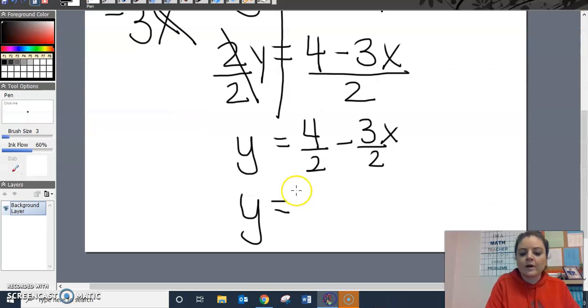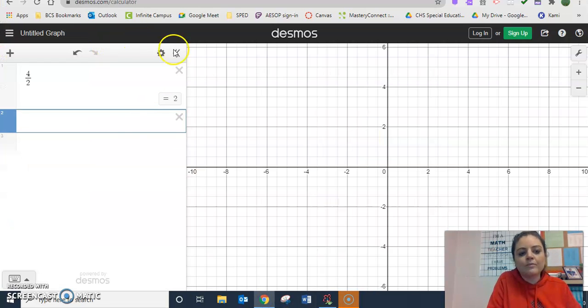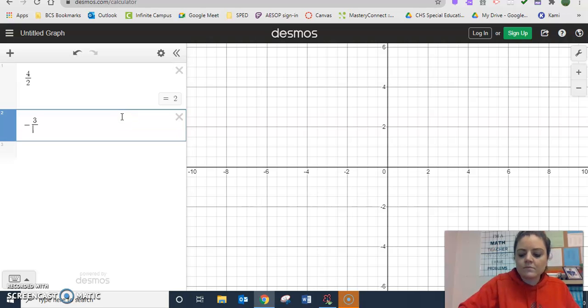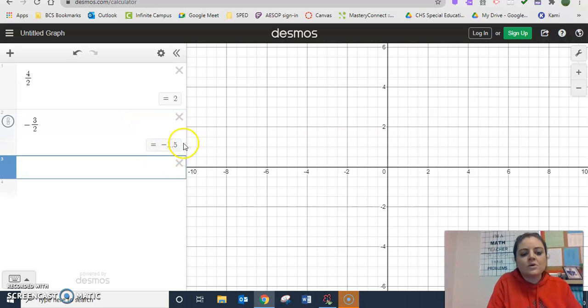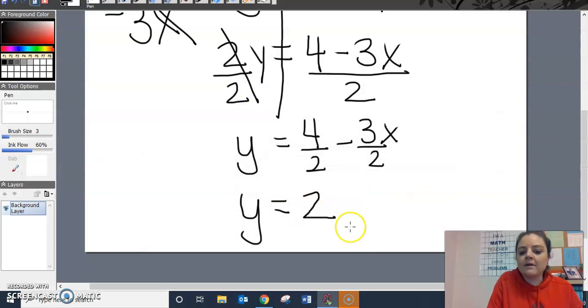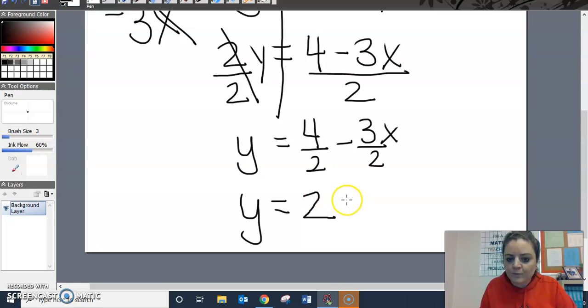So let's go back to our equation. 4 divided by 2 equals 2. Now, if we do negative 3 divided by 2, it's going to give us a decimal, negative 1.5. So if it doesn't give us a whole number, we want to keep it as negative 3 divided by 2.